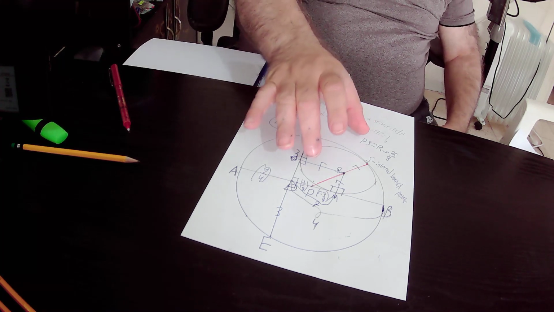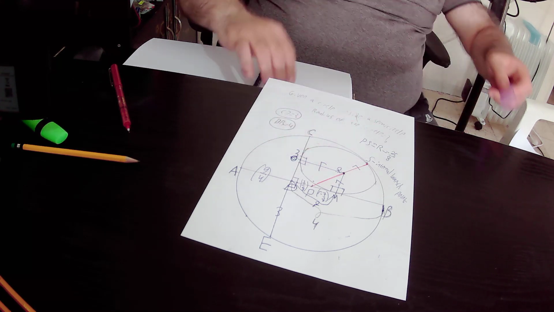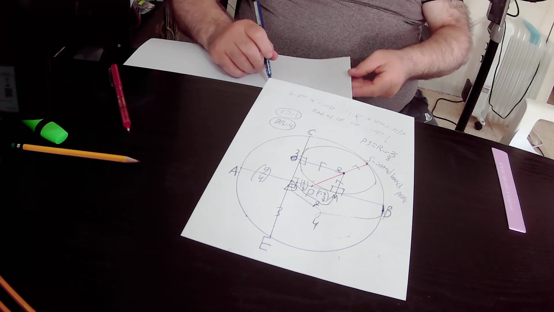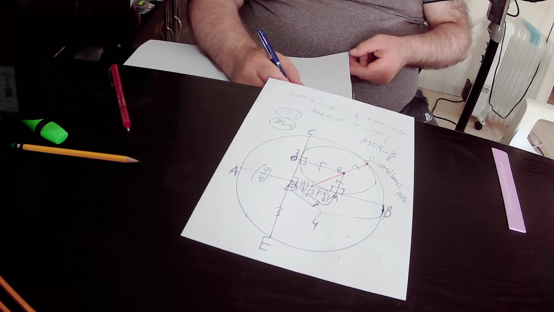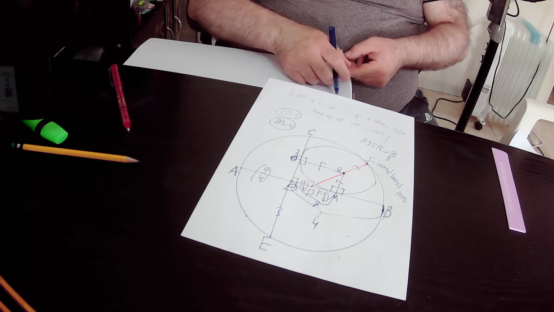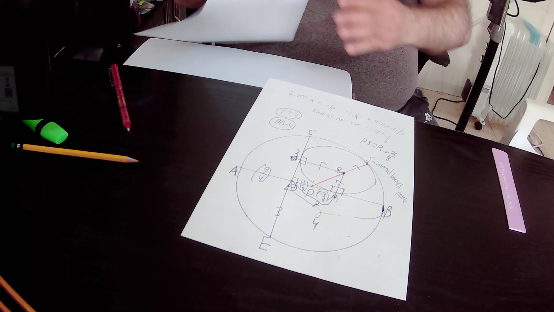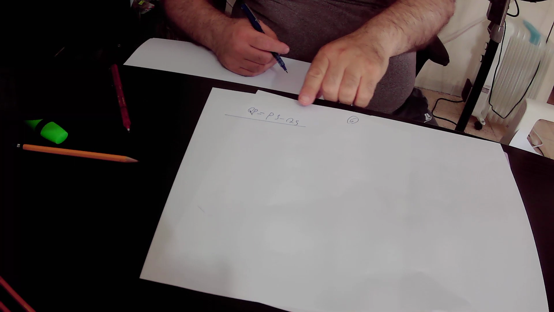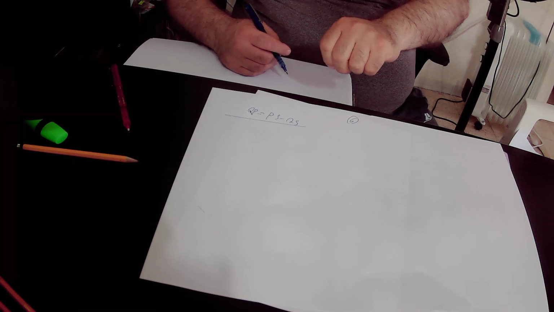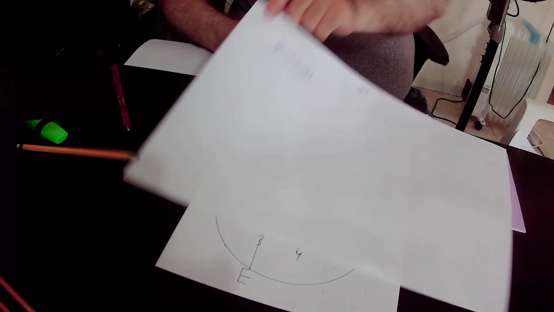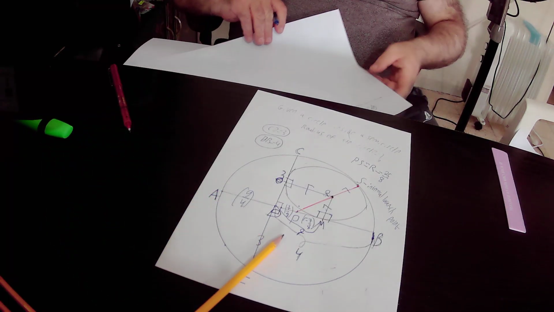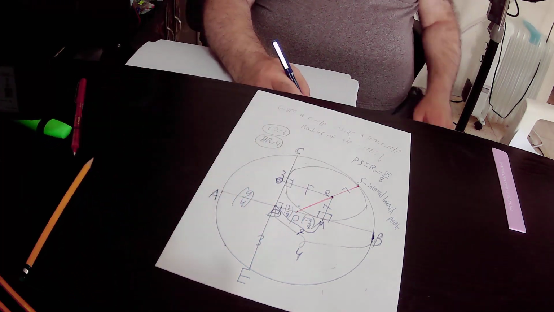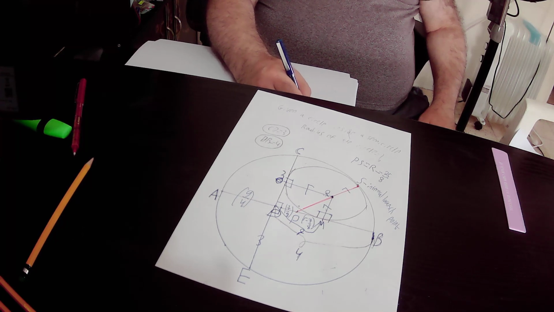I'll repeat again. From the drawing, it is very easy to see that the length of line segment QP equals PS minus QS. Okay? So QP equals PS.